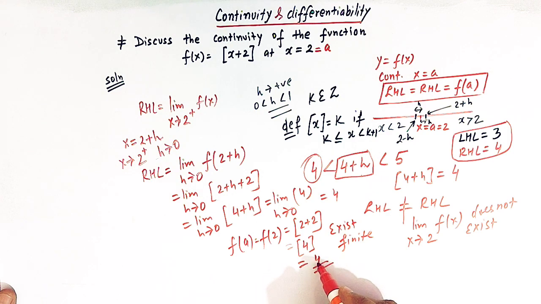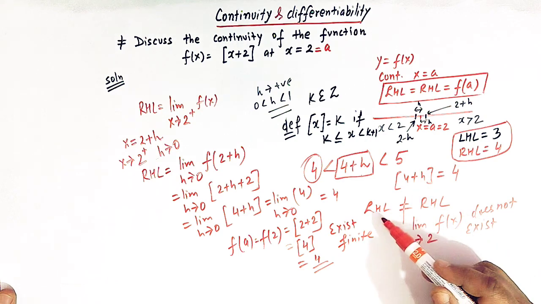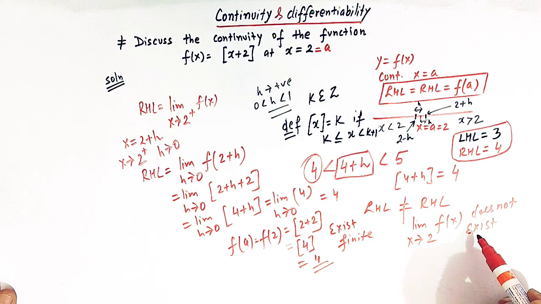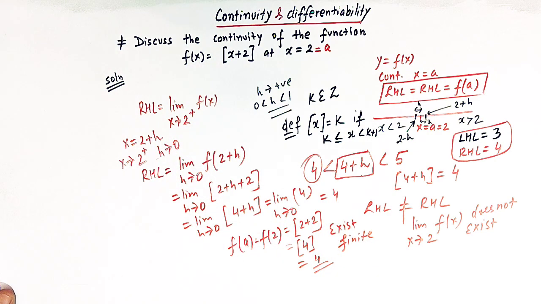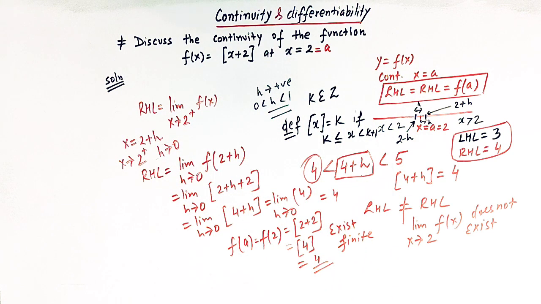So here we have 4. So we can conclude that the left hand limit is not equal to the right hand limit, so this limit doesn't exist, and hence the function is not continuous at x equal to 2.